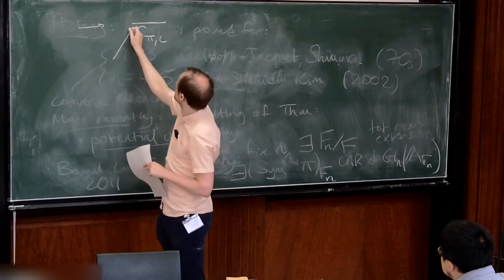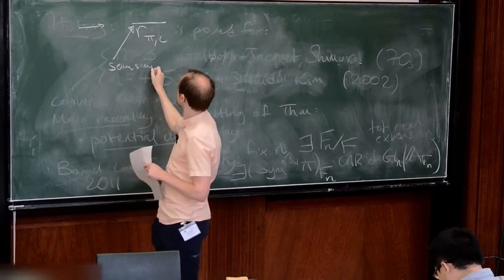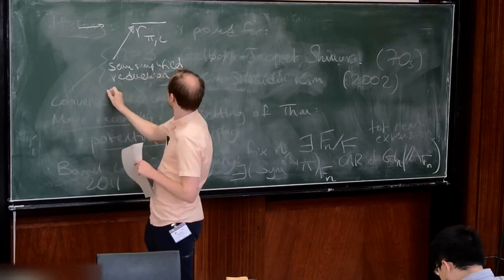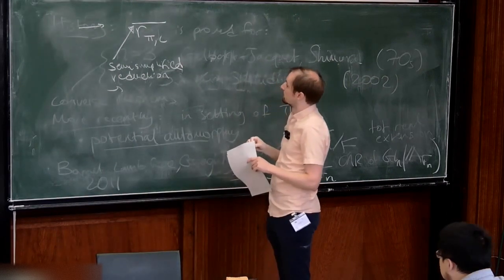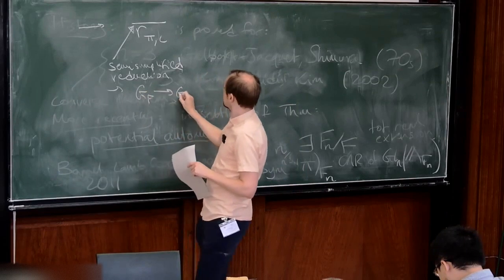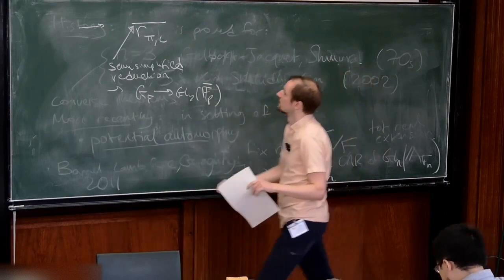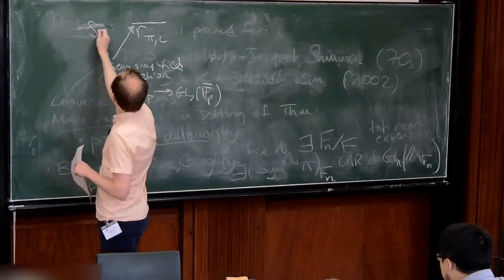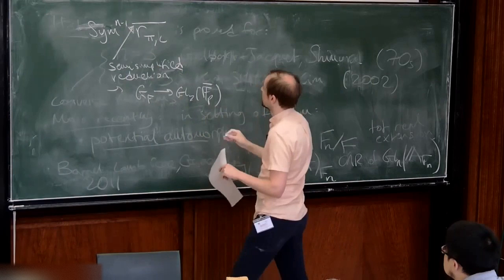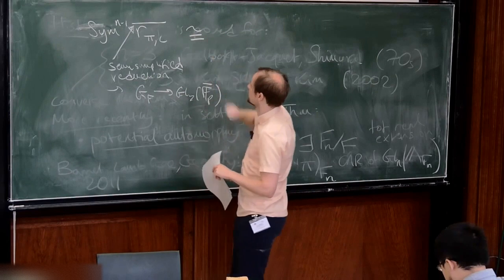When I write this overline, I mean the semi-simplified reduction. So that will give me a two-dimensional F_p bar representation, and you can take its (n-1)st symmetric power. Maybe I should have semi-simplified that as well. Anyway, it's not so important. Everything is up to semi-simplification.